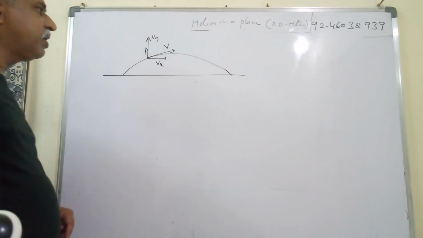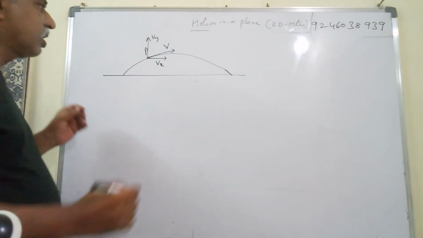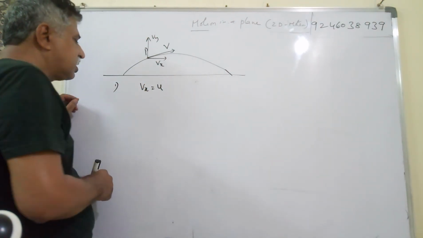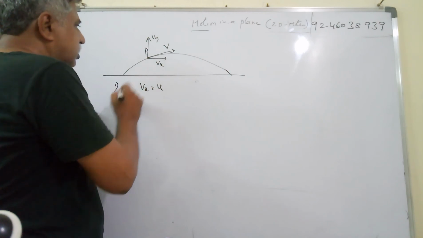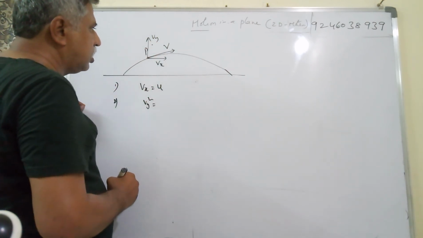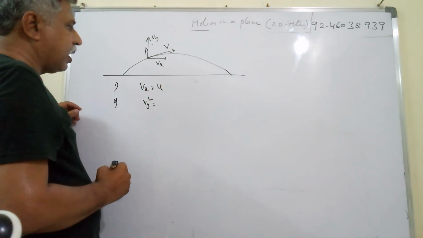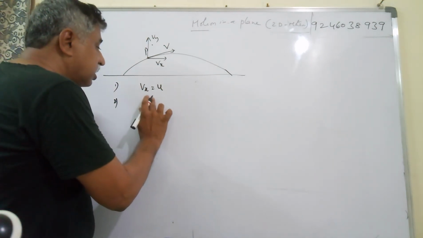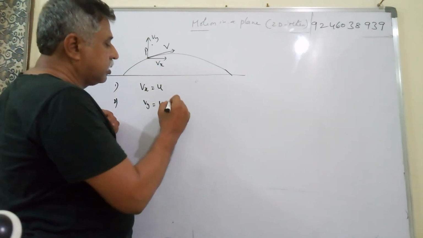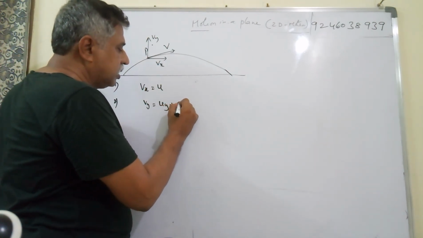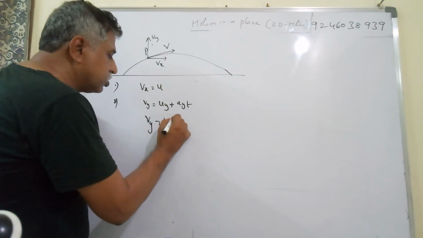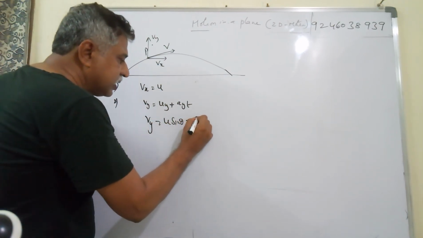You want to find v after a time t seconds. Now vx does not change, so consider horizontal motion. Next, vy: after a time t seconds, vy is equal to uy plus ayt, so vy is equal to u sin theta minus gt.